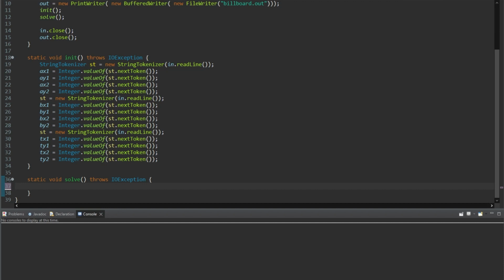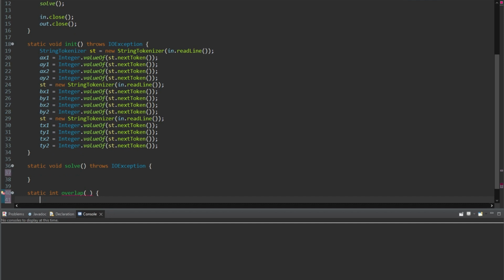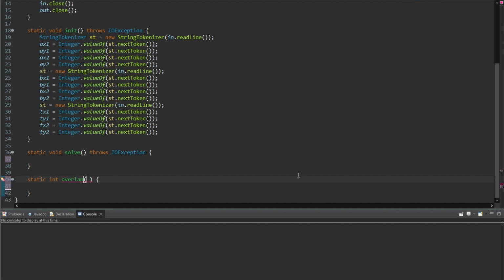And as for the solve method, we're actually going to be using a helper method today. This helper method will help us find the overlap between two rectangles. So we're going to call this overlap, and it's going to return an int for us. We need quite a few variables: ax1, ay1, ax2, ay2, and bx1, by1, bx2, by2.